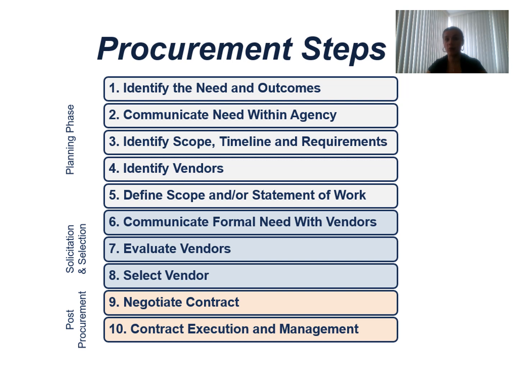They have a whole formal communication process and documents. Evaluate the vendors, again through a specific process and policies. Then select the vendor. It also has a special communication phase. And then the post-procurement, which includes the negotiation of the contract with the selected vendor, and then the contract execution and management. So this is the follow-up part of the whole procurement process.